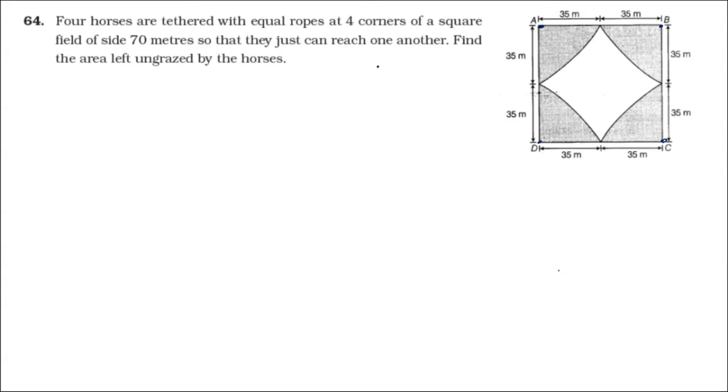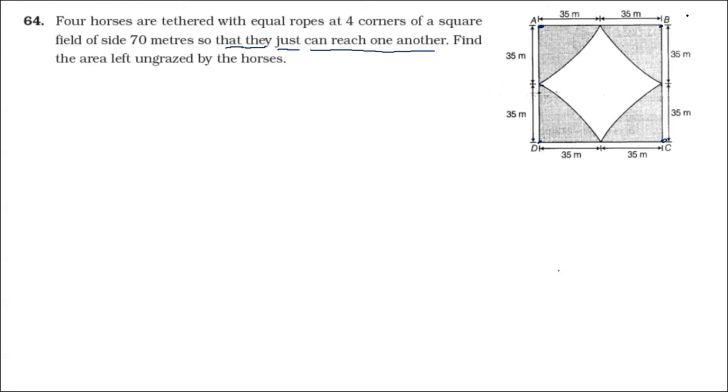As per the given question, observe this, they just can reach one another, meaning these are the points where they can reach one another. So we need to find out the area ungrazed.